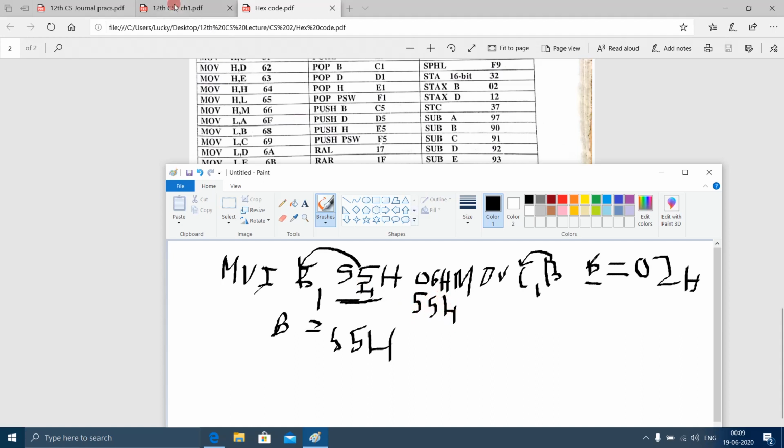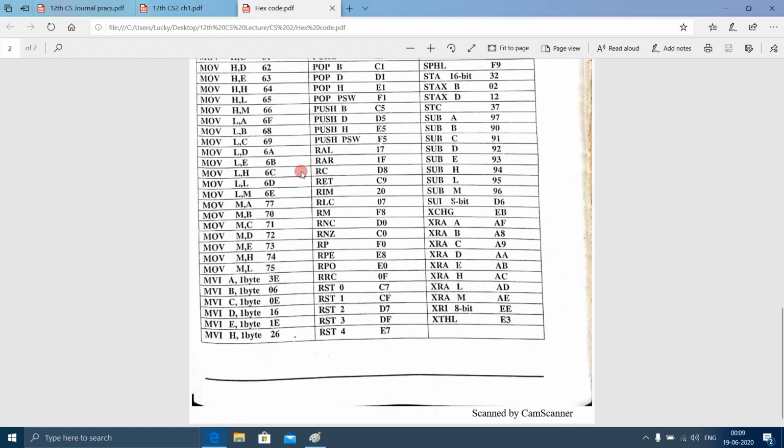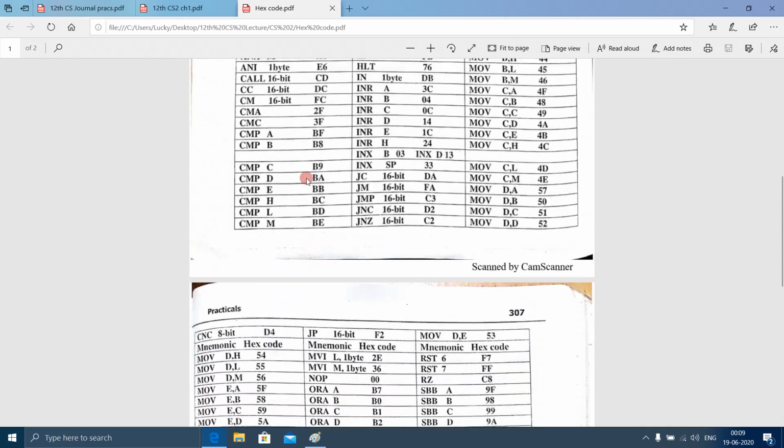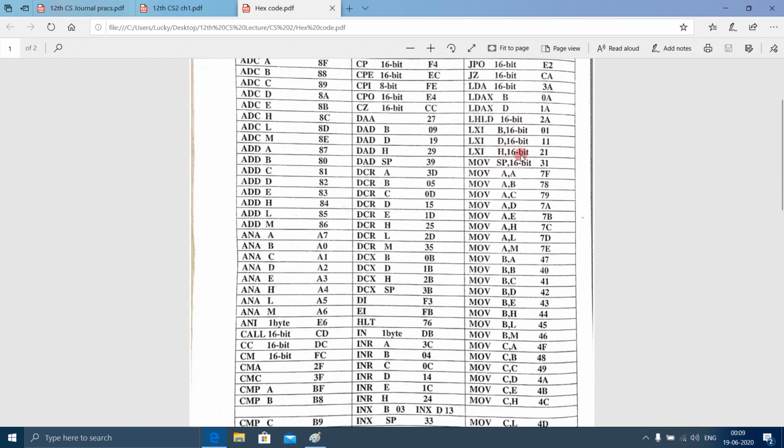I hope you remember I had discussed one of the assembly language programs with you. See, LXI H comma 2030H, that means LXI H comma 16 bit. So let us look for LXI H comma 16 bit. LXI H comma 16 bit is 21.